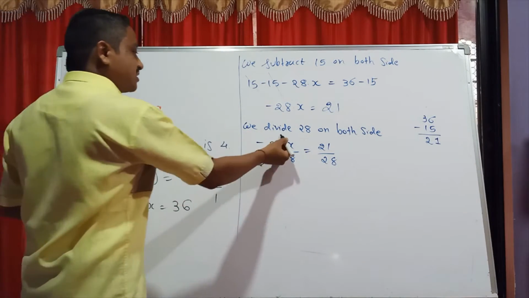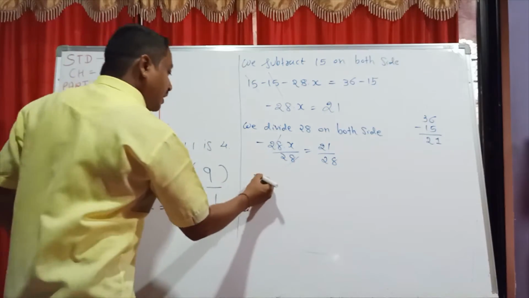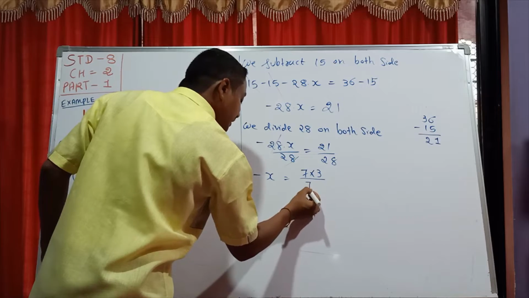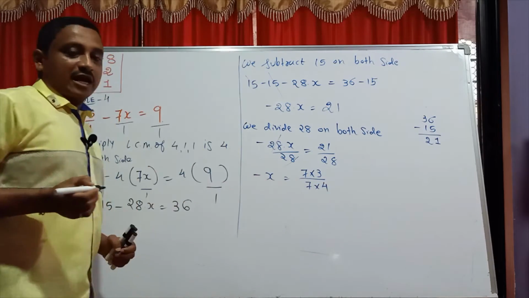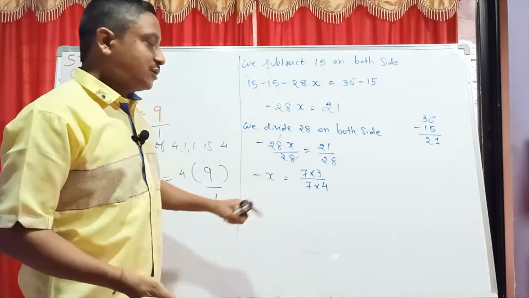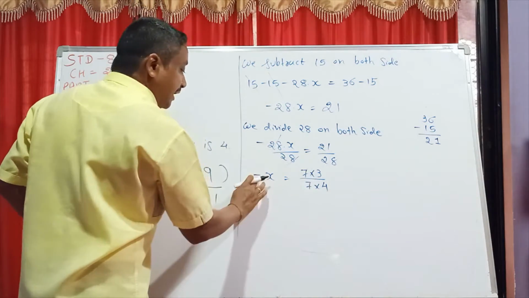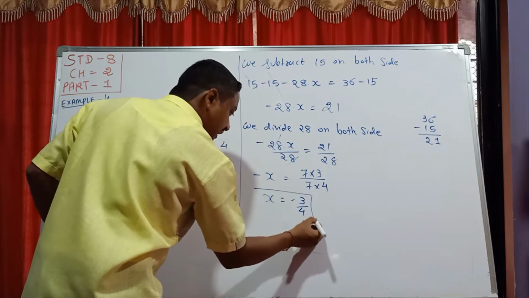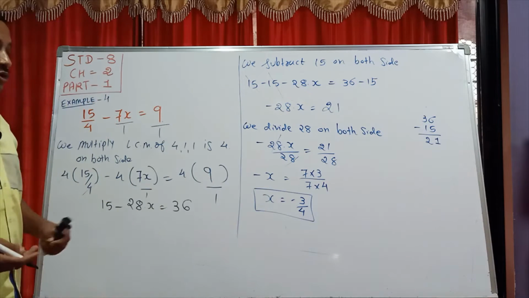Now this cancels, so only minus x. Students, this you also know: 7 3s are 21 and 7 4s are 28. Take the common factor 7, so 7 and 7 are gone. Minus goes to the upper side. So minus 3 by 4 is my answer, and that's my solution.